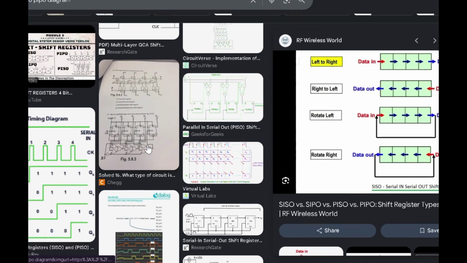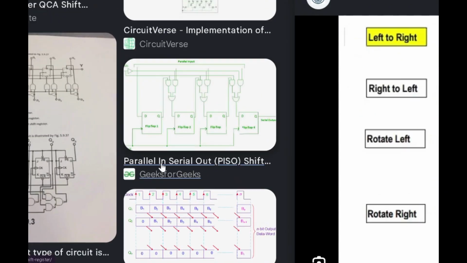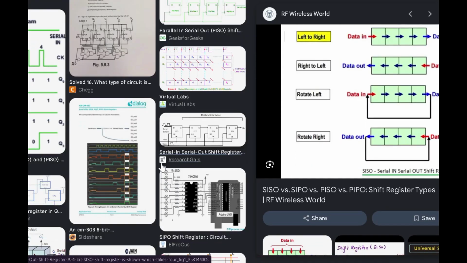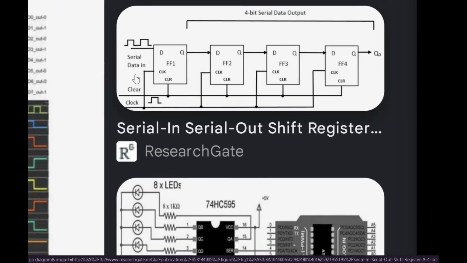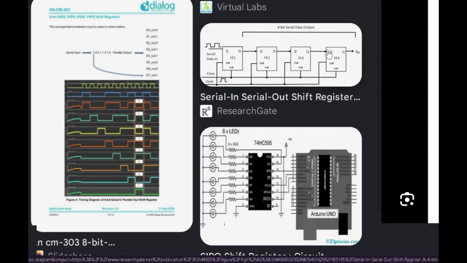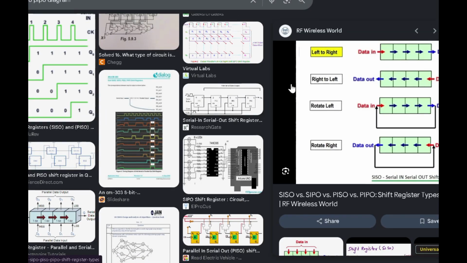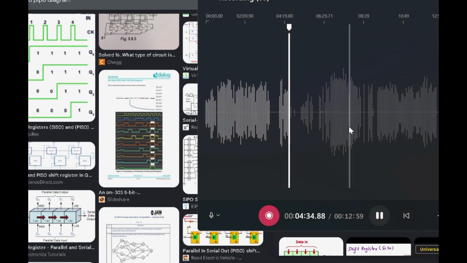Here are the flip-flops. Here it is input, here it is output. This is the parallel data output. Here serial data input is given, then the parallel data output comes out.